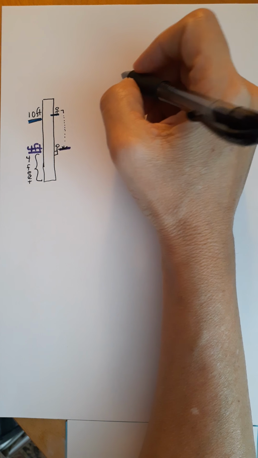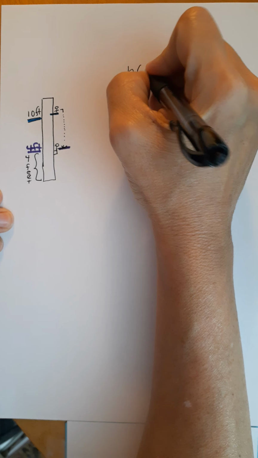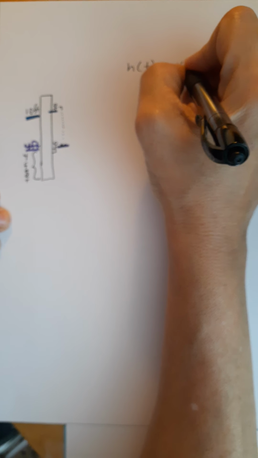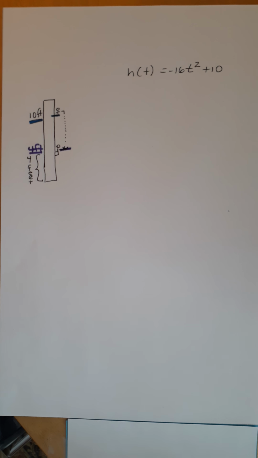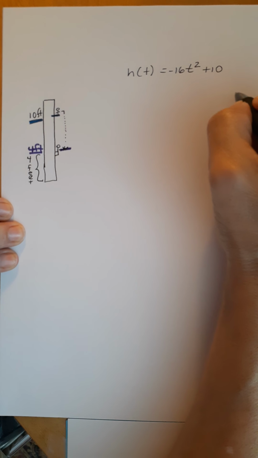And the formula that they actually give you is h of t equals negative 16 t squared plus 10. Now, we're trying to figure out how much time. So we're trying to find time.